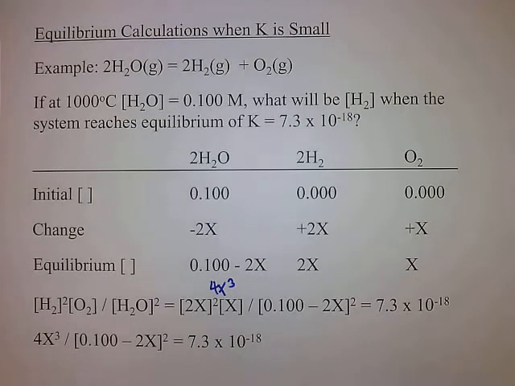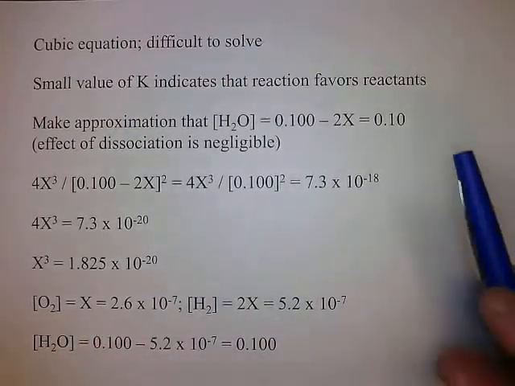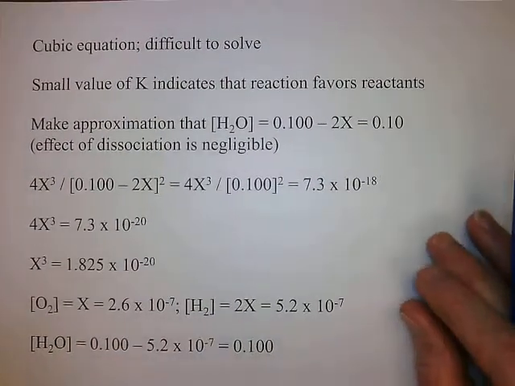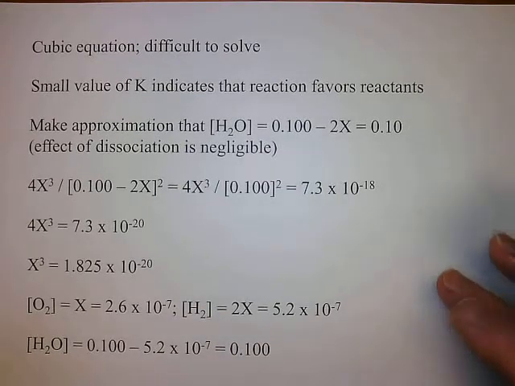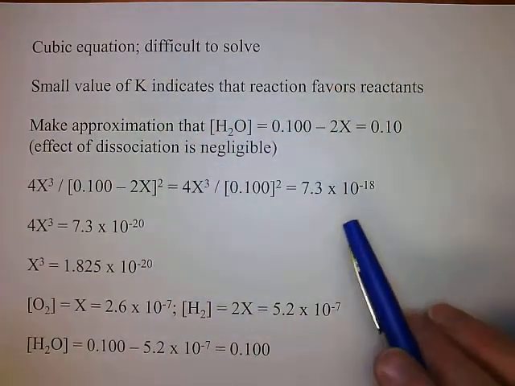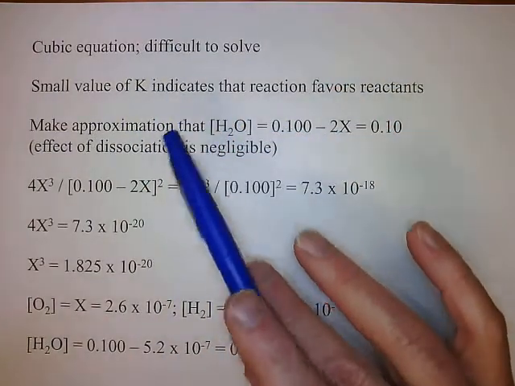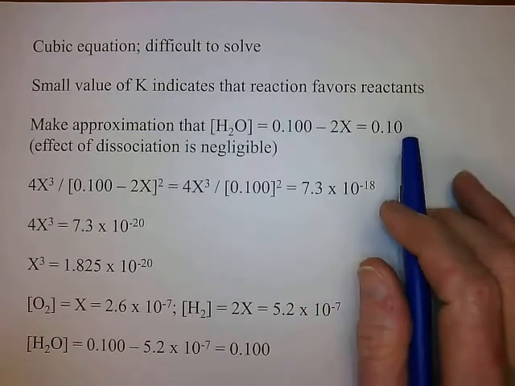That's a cubic equation. There's no simple way that we could come up with a solution for that. So there's a simplifying assumption that we can make. Now remember, a small value of K indicates a reaction that favors reactants.